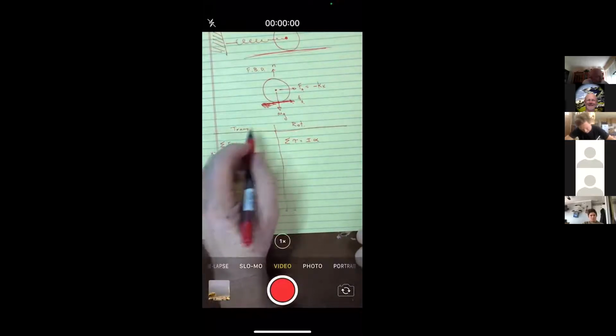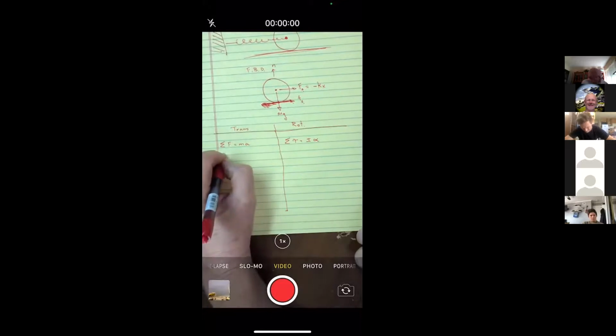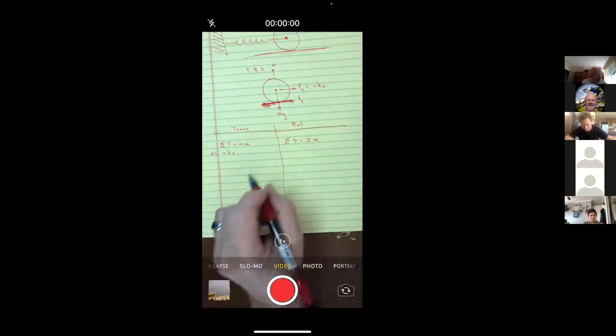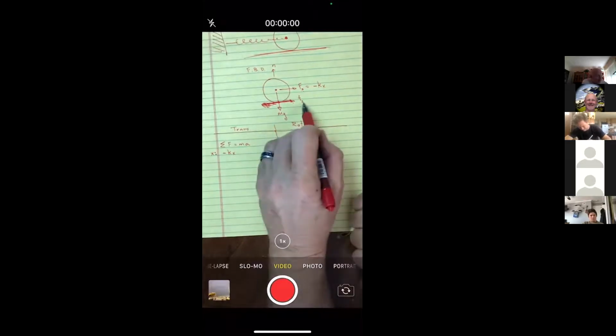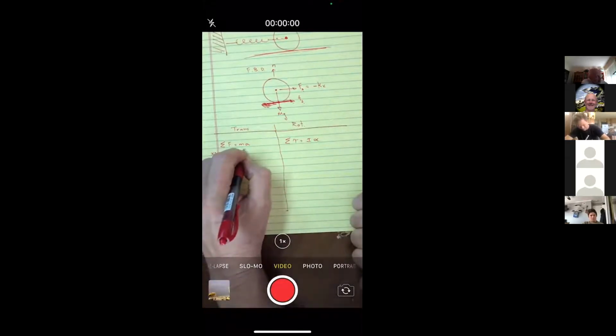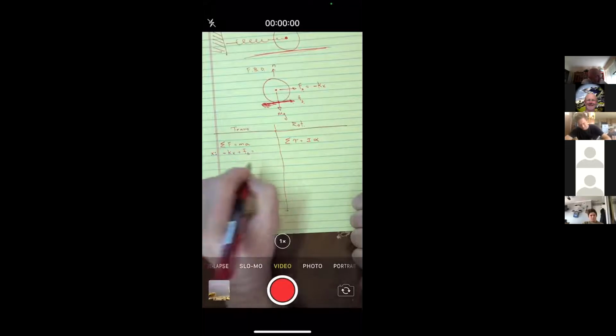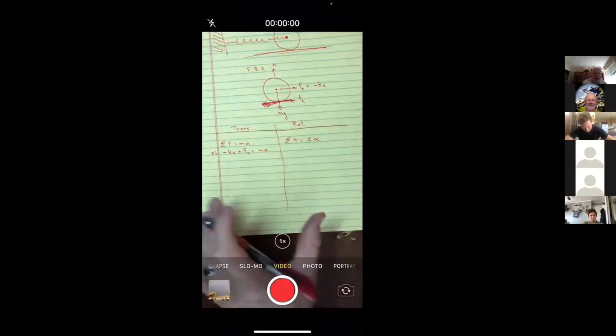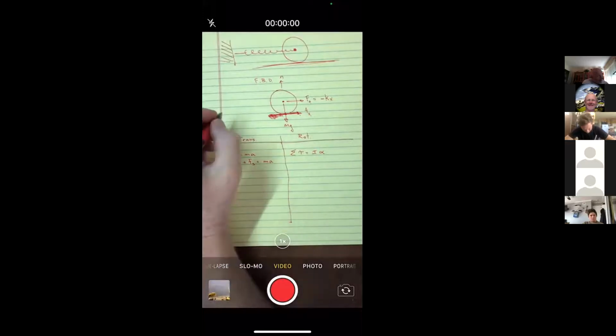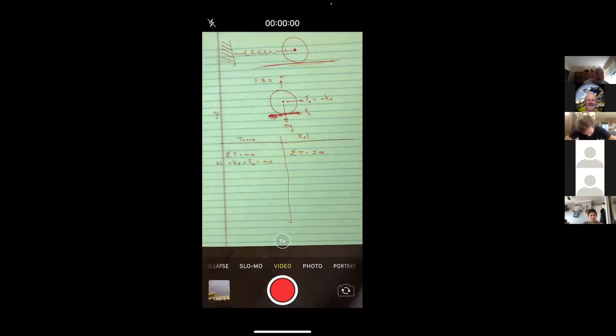If I add up all the forces in the x direction, from the spring it's a minus kx, and from the static friction it's an fs. And that equals ma. It may or may not be obvious that we don't need the y, so I'll just put the y out of the way.